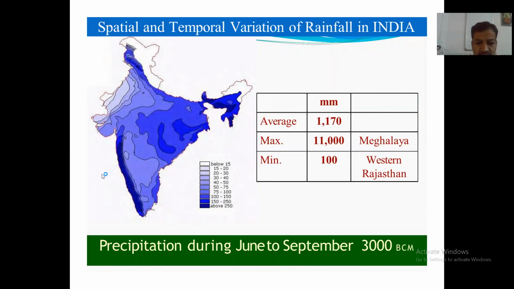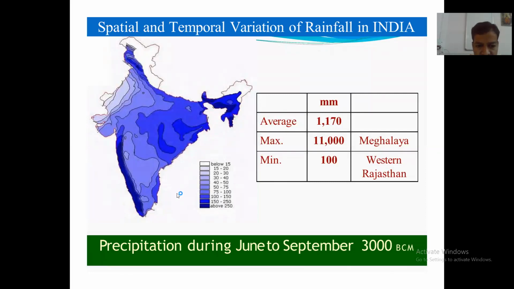This blue color indicates the precipitation is above 250. See this towards Mumbai, Raigad, towards the western region, the intensity of rainfall is above 250. Some parts of Kerala, Tamil Nadu, and here near Assam, Nagaland, it is shown by blue color.